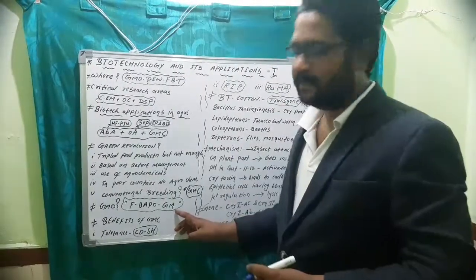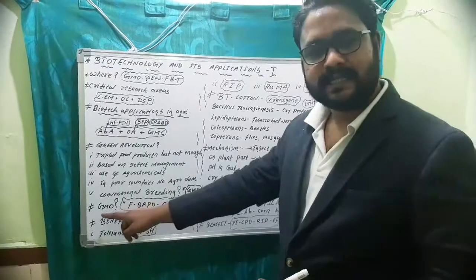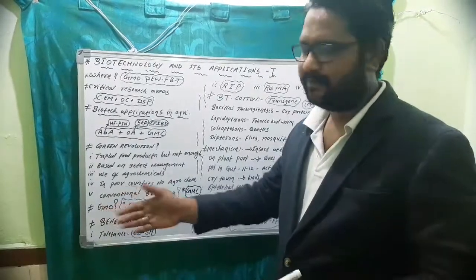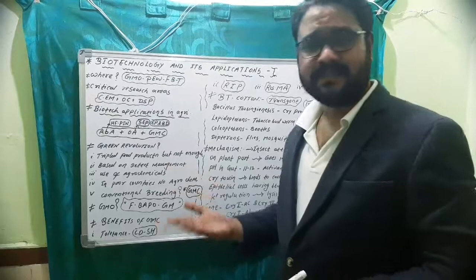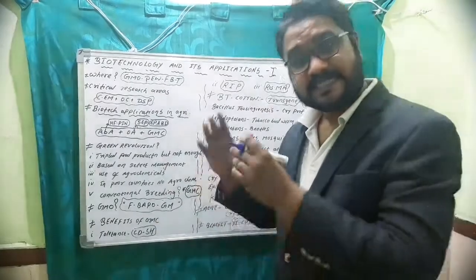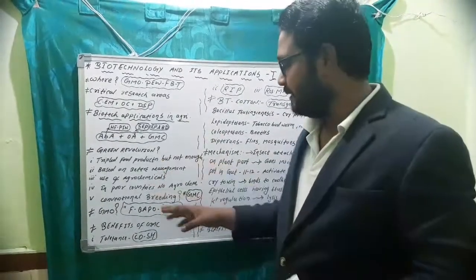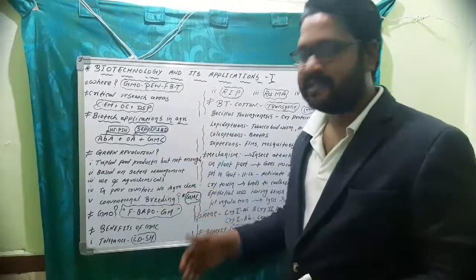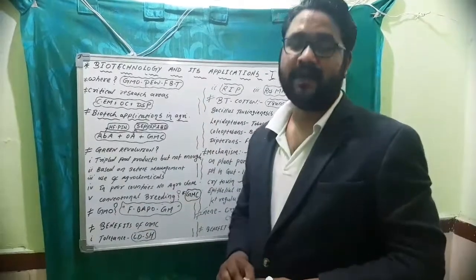Such an organism is called a genetically modified organism. It can be fungi, bacteria, animal cell or plant whose genes are altered by manipulation.